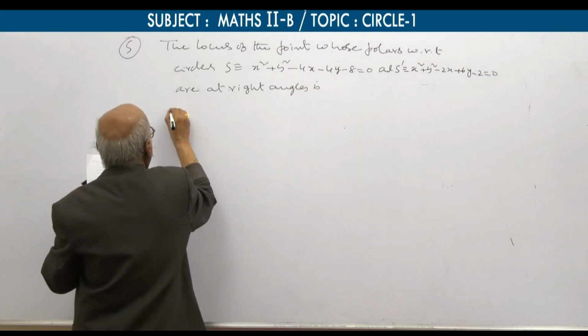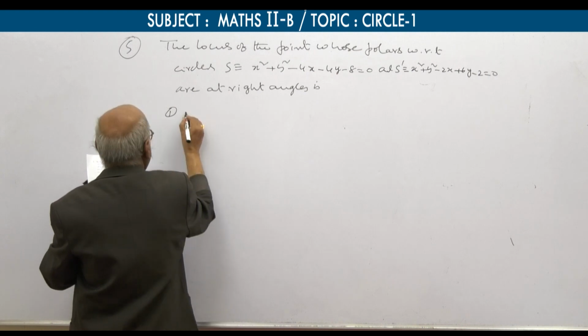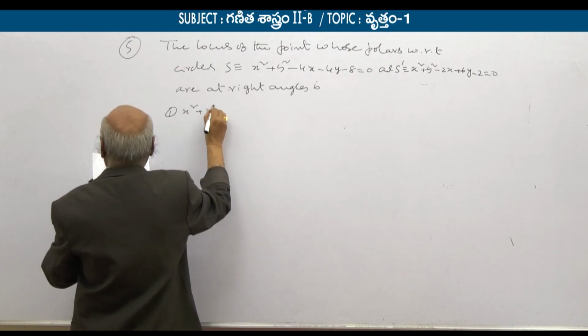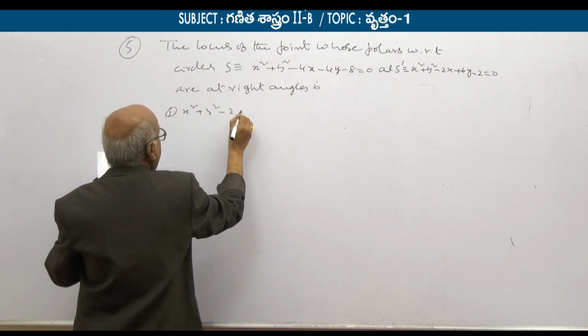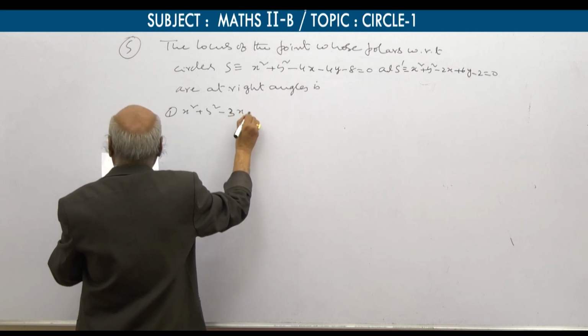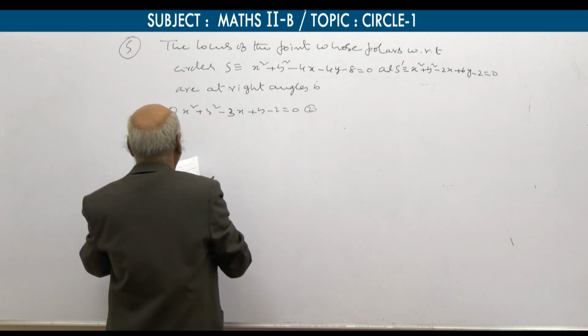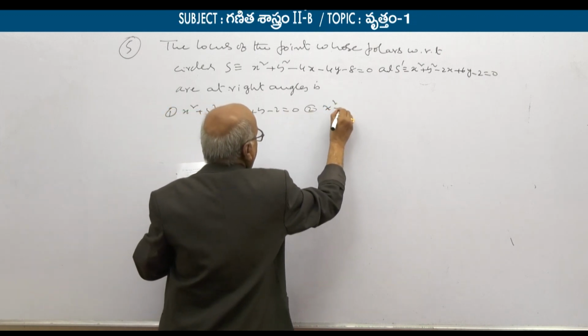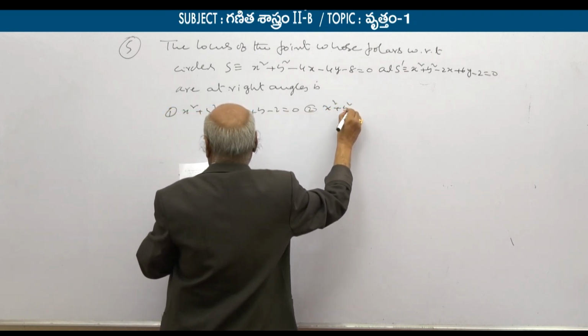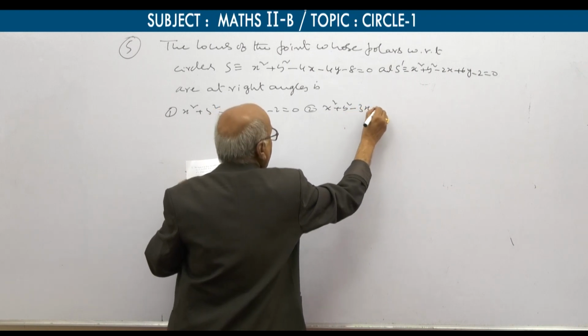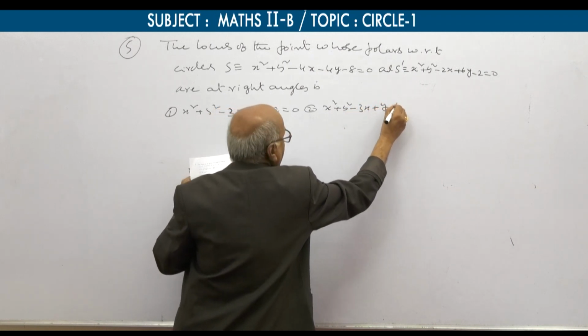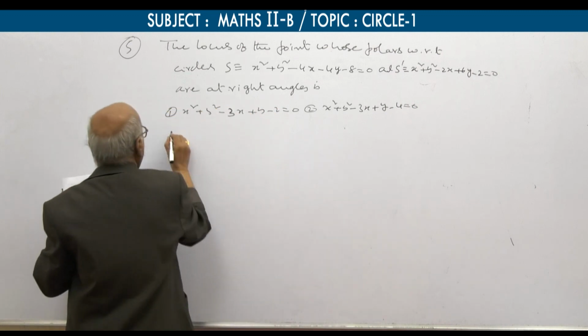Number 1: x square plus y square minus 3x plus y minus 2 equal to 0. Number 2: x square plus y square minus 3x plus y minus 4 equal to 0.